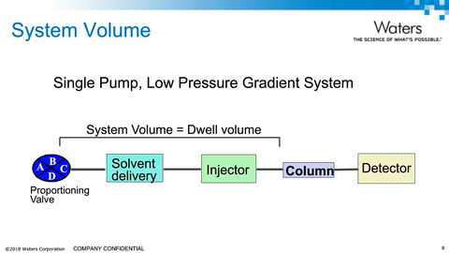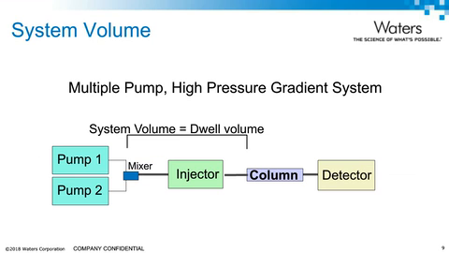In a low-pressure gradient system, that would include the proportioning valve and all of the solvent pathway up to the head of the column. In a high-pressure gradient system, the system volume would begin at the mixer and go to the head of the column. Why is that important?